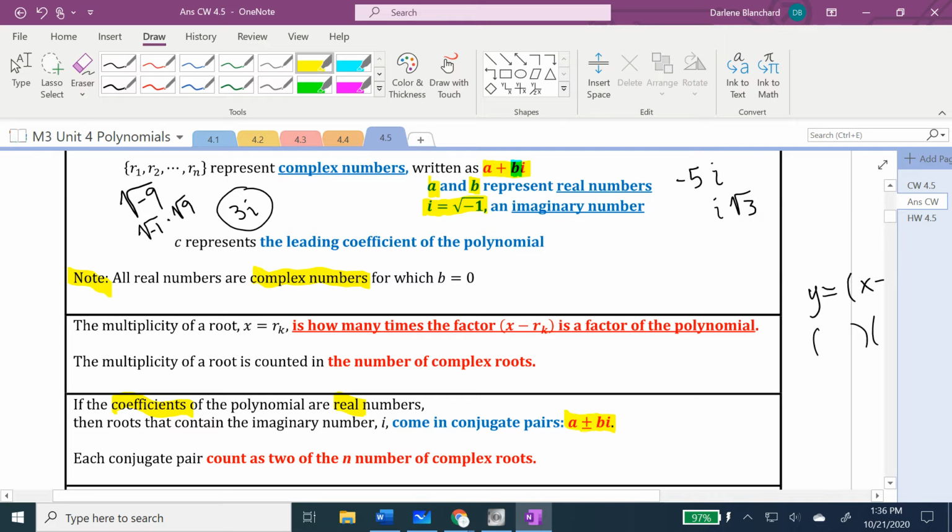This actually shows up when you have something like, let's say you had x squared plus 16. If x squared plus 16 was one of your factors of your polynomial, think about this.